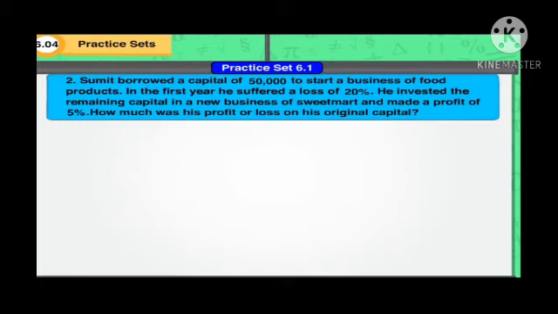In the first year, he suffered a loss of 20%. He invested the remaining capital in a new business of Sweet Mart and made a profit of 5%. How much was his profit or loss on his original capital? Now students, let's see the solution. Here is the solution.